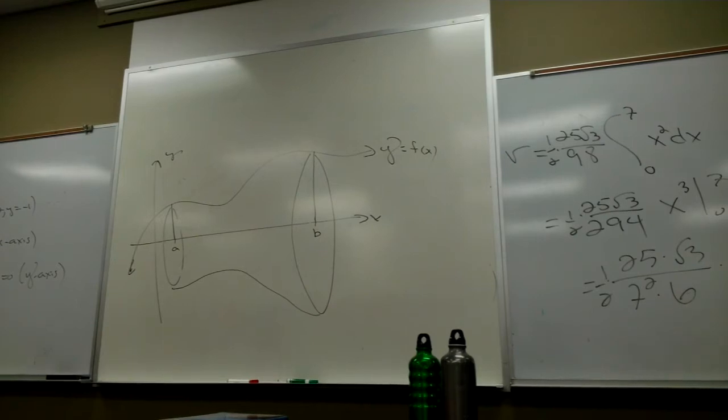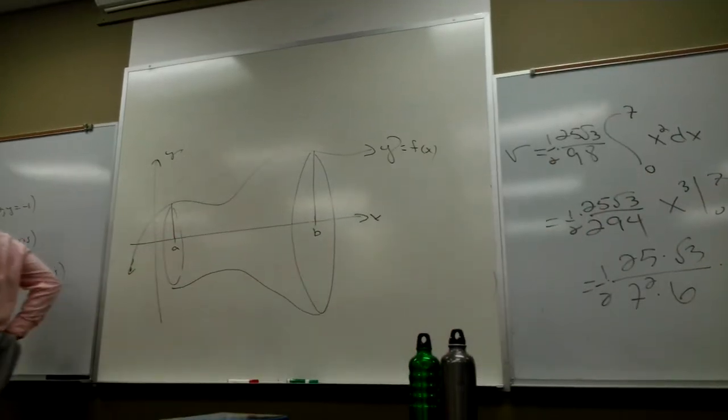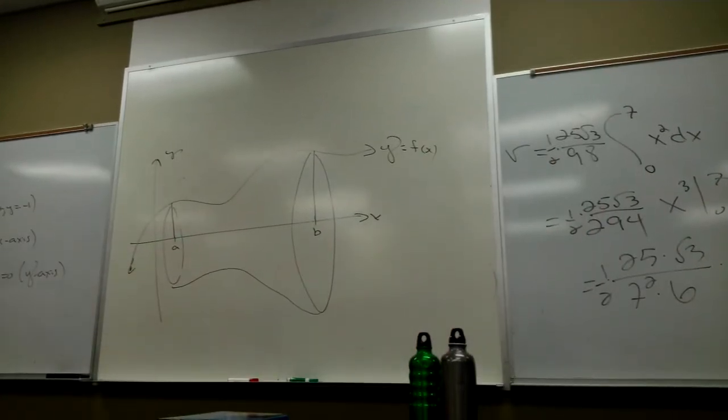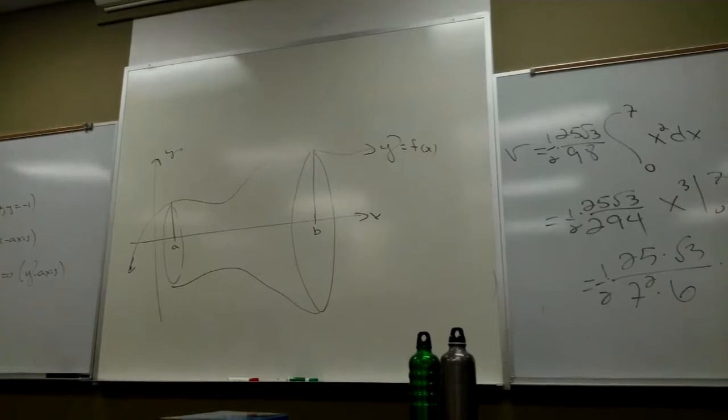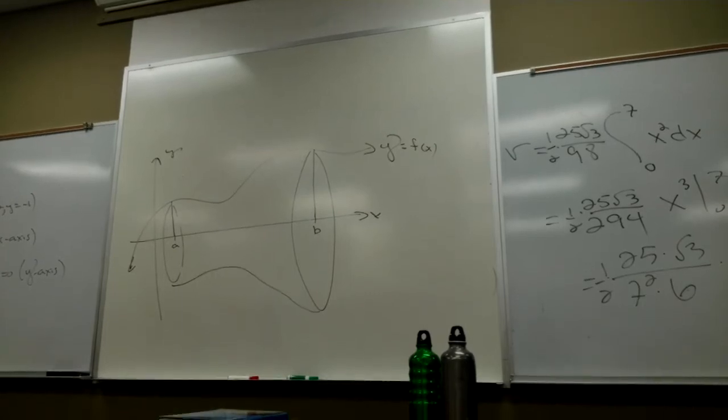As a matter of fact, if ever I play this game of taking a two-dimensional region and revolving it about some line to create a three-dimensional object, I might refer to that object as a solid of revolution. And what I'm going to do now is develop a whole new technique for computing the volume of such a solid of revolution. This technique, I might as well give a name to it. It's called the disk method.